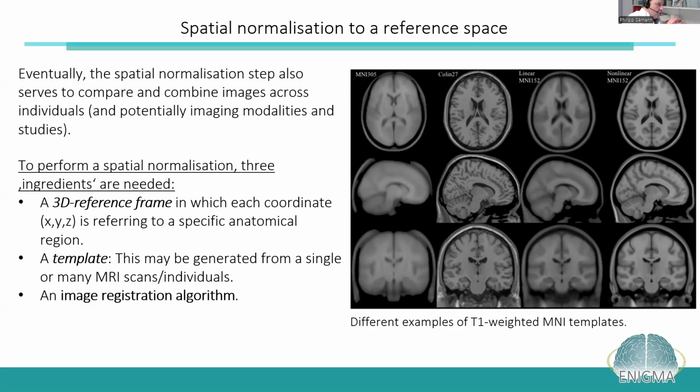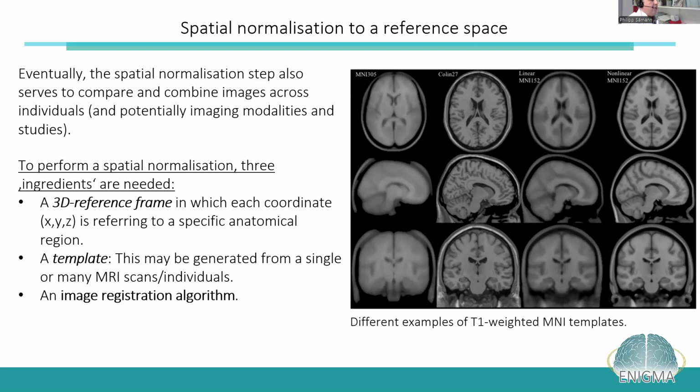For this projection space, you need a specific template, so an image that is geometrically in exactly that shape of your atlas space. And of course, you need an image registration or normalization algorithm that transforms the individual image to the atlas space.